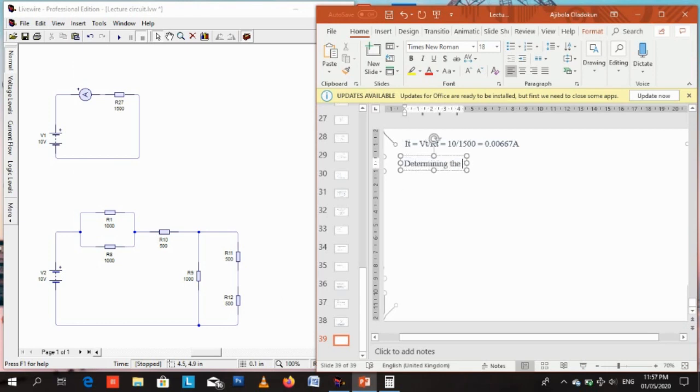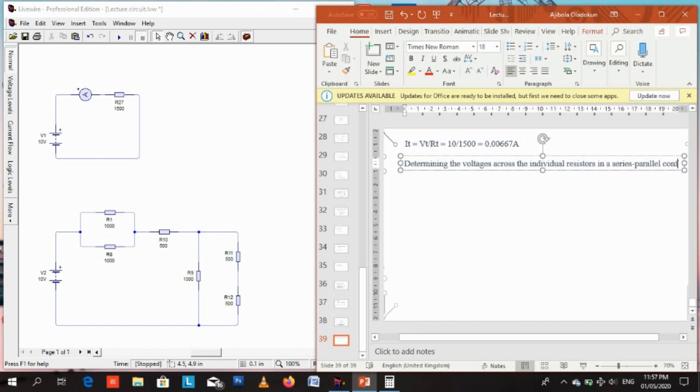So we are done with that first stage. We first of all determine the total resistance of the circuit. We use the total resistance, or the equivalent resistance, to get the total current. Now we can determine the voltages across individual resistors in this series parallel combination, that is a combination of series and parallel resistor connections or configurations.